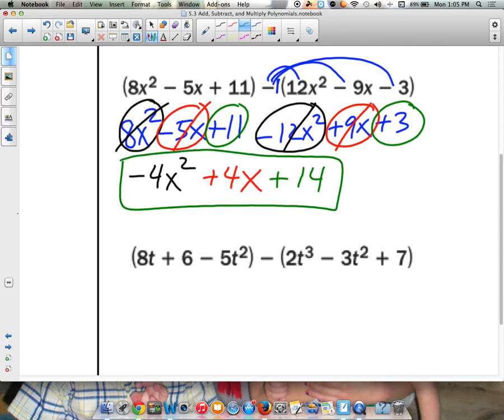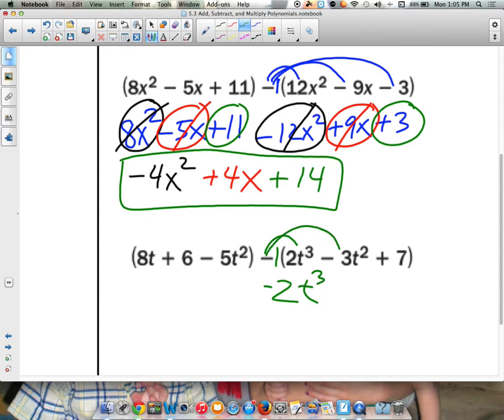Here's another example. 8t plus 6 minus 5t squared. We're going to take that polynomial and we're going to subtract 2t cubed minus 3t squared plus 7 from it. So again, I want to distribute a negative 1. So I'm going to go negative 1 times 2t cubed is negative 2t cubed.